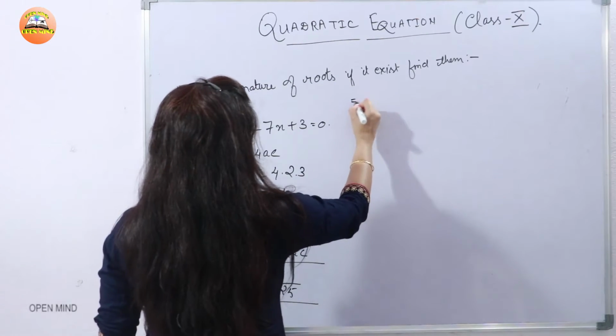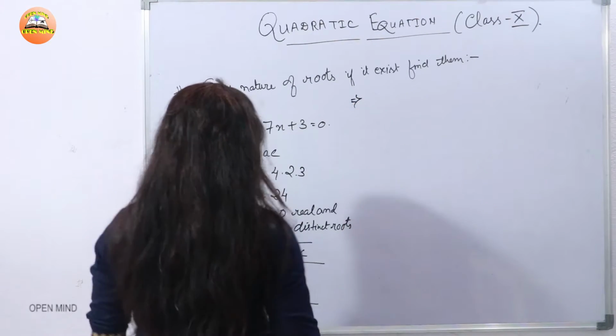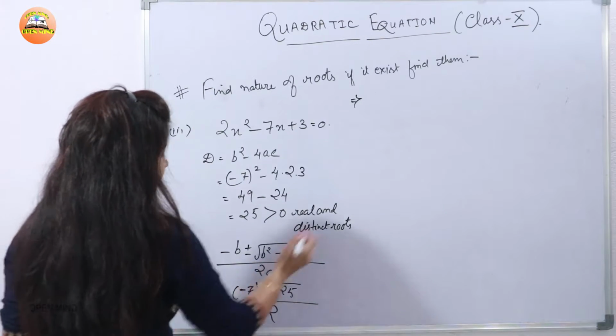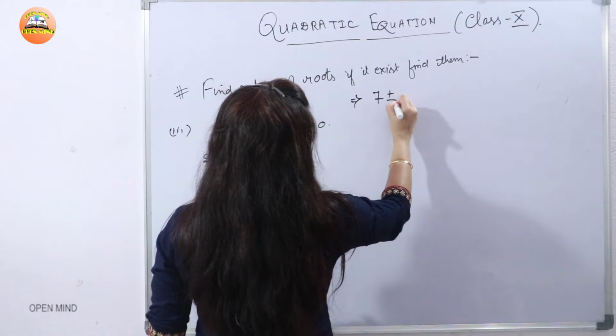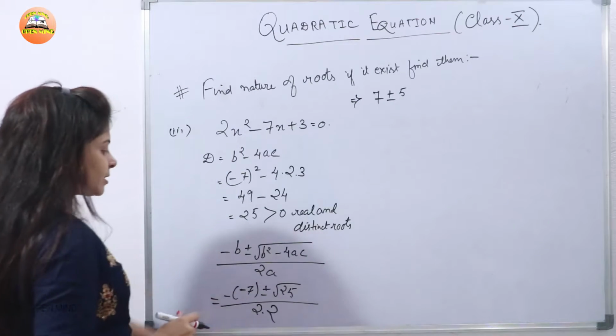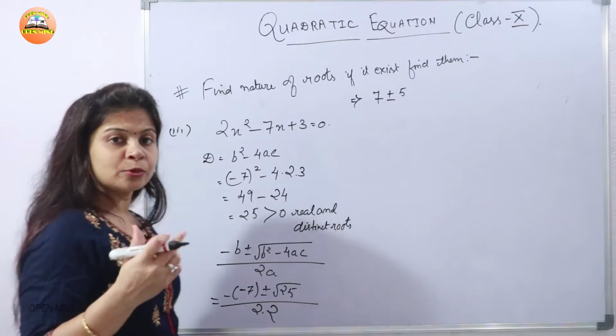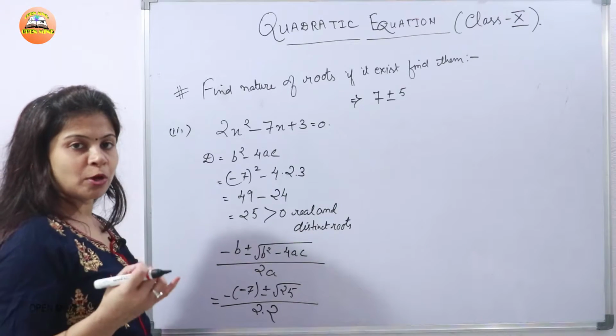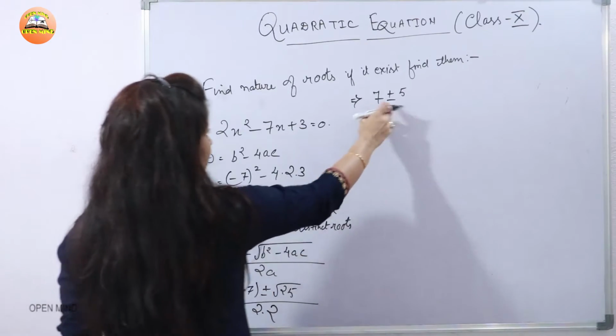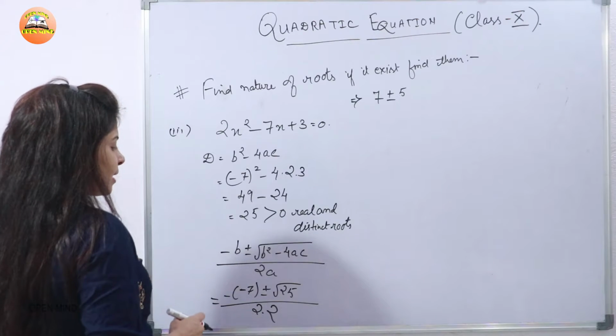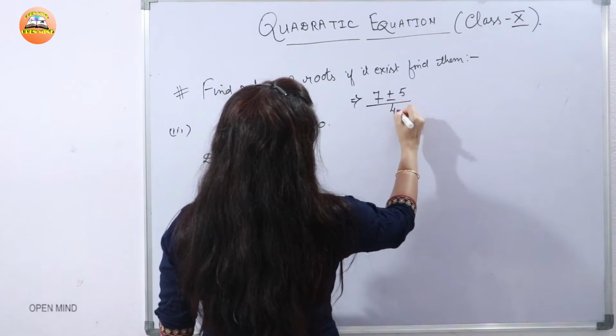So that's equal to minus minus will become plus, minus 5. Why am I writing plus minus 5? Because under root of 25 is there. Whenever we take the under root, we get the values in two ways, positive and negative both. So we have to write down our answer as 7 plus minus 5, the whole divided by 4.